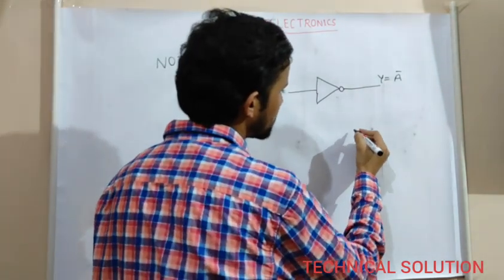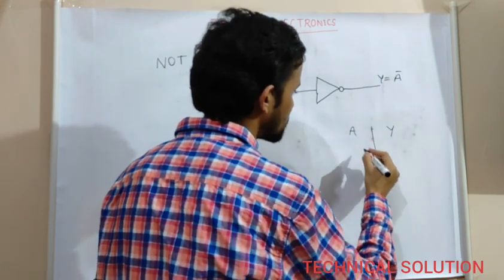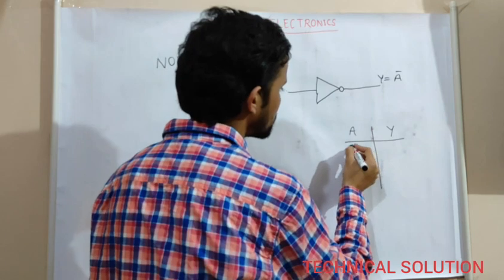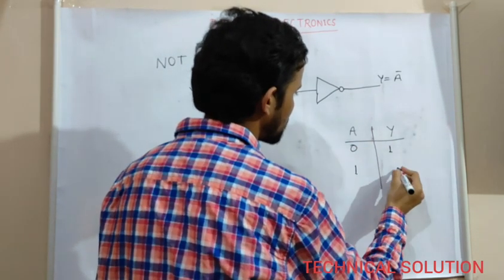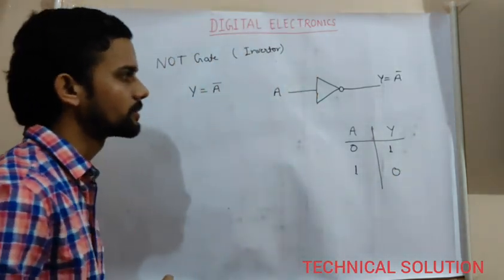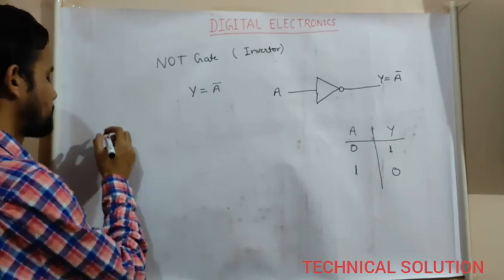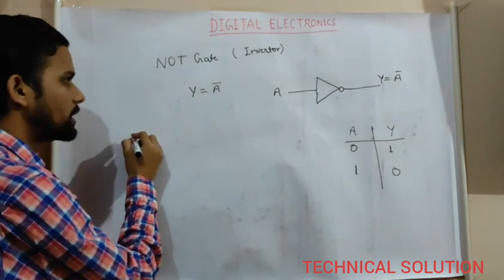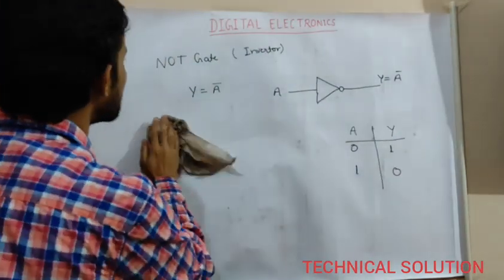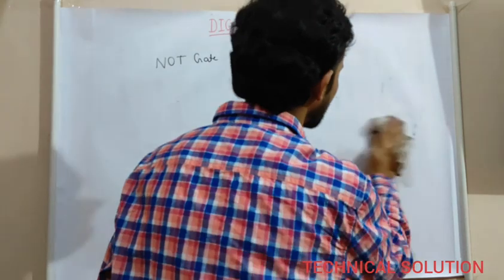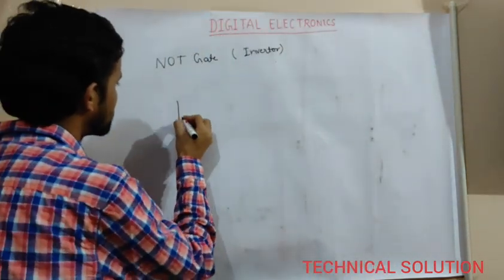If we form a truth table, then we get this is A and this is output Y. If we get input as 0, then it will become 1. If we get input as 1, then we get output as 0. If you have a cascade of inverters, let us have a cascading of inverters.